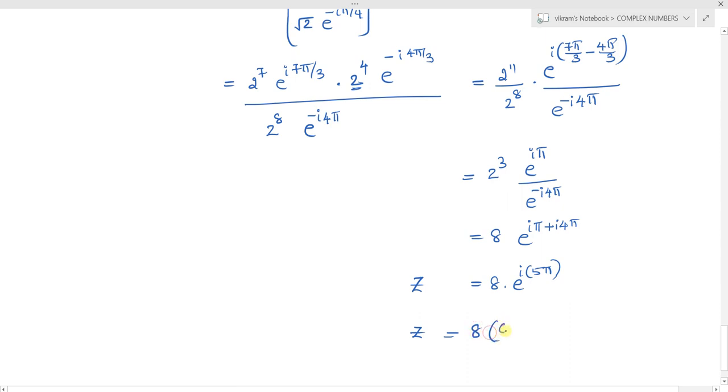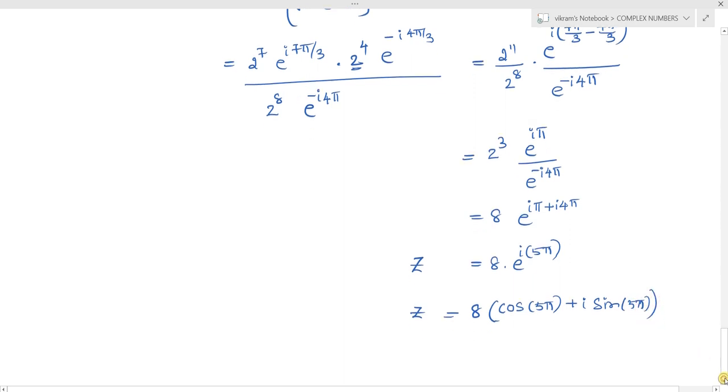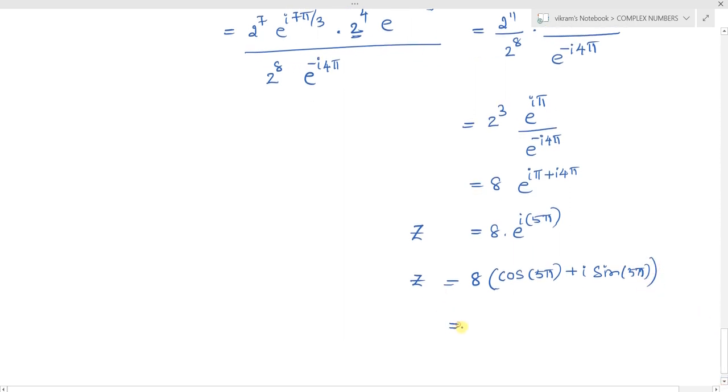Now e power i theta can be written as cos theta plus i times sin theta. Okay, cos theta plus i sin theta, whereas here 8 times cos of odd multiples of pi we will get as minus 1, plus sine of integer multiples of pi is 0.